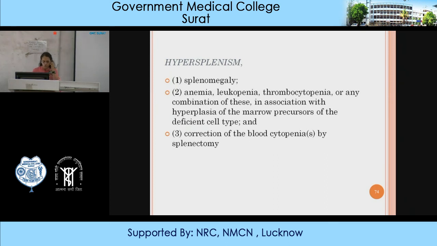Here one should confirm that the bone marrow of an individual is normal. Only after normal bone marrow assessment one can do splenectomy. Otherwise, if spleen is the only organ for hematopoiesis, one should not go for splenectomy. Otherwise, we may lose the patient.